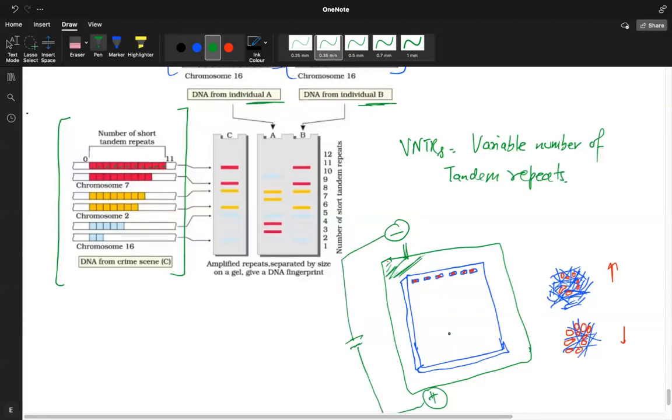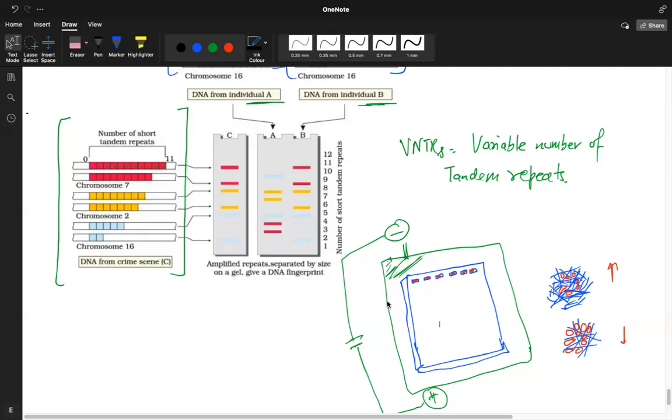Now, when current will flow through this, because this is negative and this is positive and DNA is negatively charged, to which side will it be attracted? This side, right? There will be a force on the DNA molecule to go towards the positive terminal, right? When it moves towards the positive terminal, it has to cross through this bushy mesh-like structure.